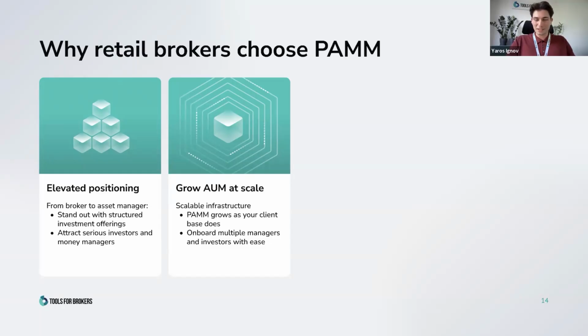And you are scaling the assets under management, not the tickets generated for your team. And because TFB PAMM is built to support multiple MetaTrader servers, it also grows with you. No need to change the system, hire more staff, or rent another server. That is how modern brokerages scale fast, while still delivering service on a high and smart level.